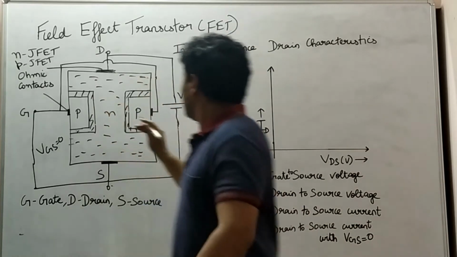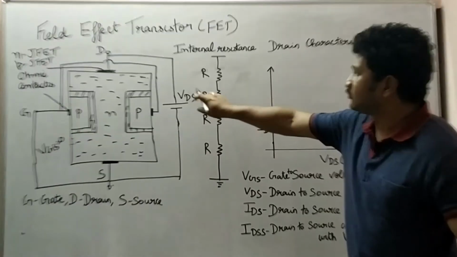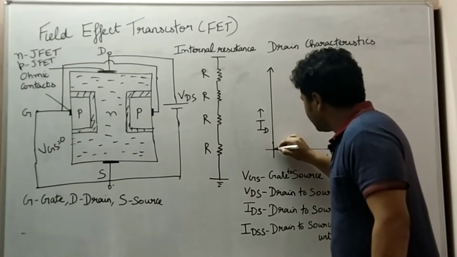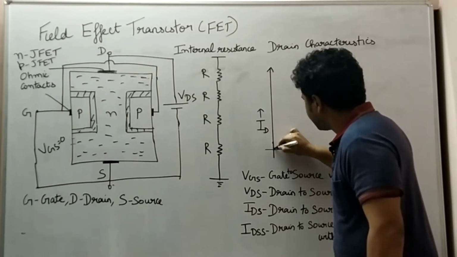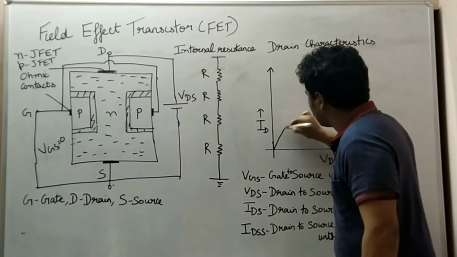So we start to increase the drain to source voltage from 0 to a certain point. I'll tell what that certain point is. It will start moving slowly.